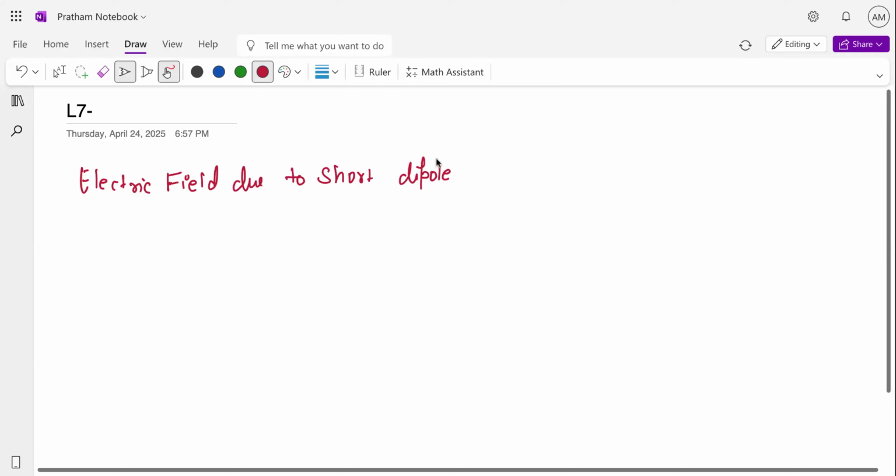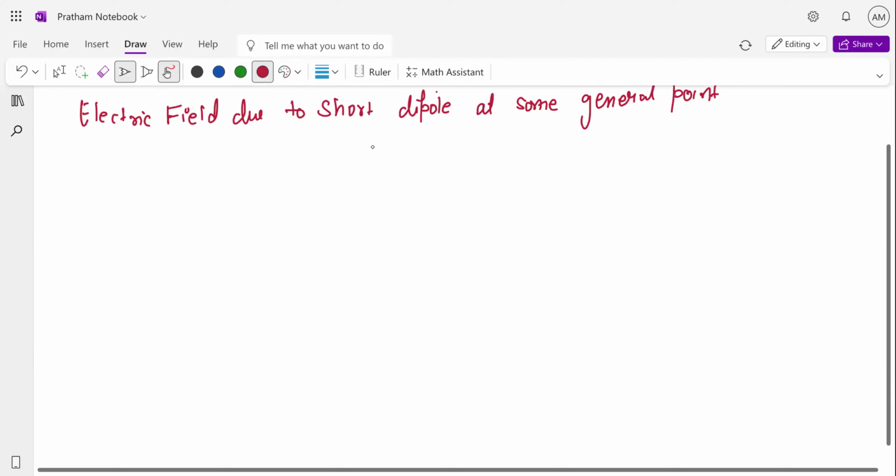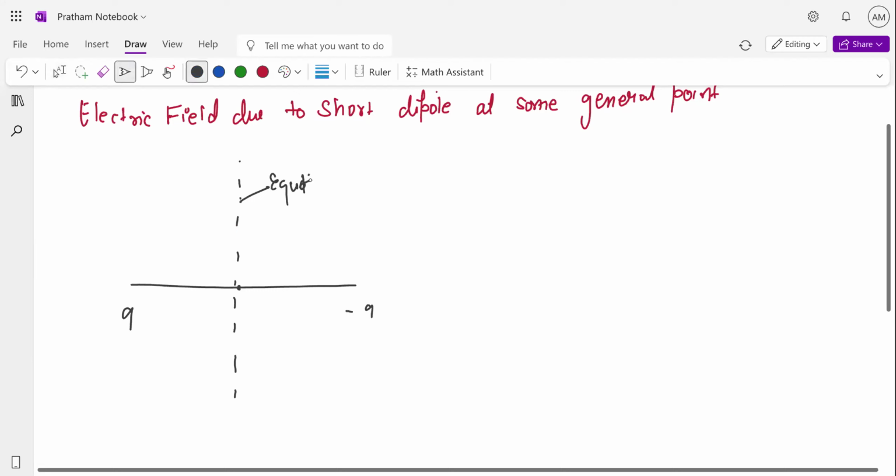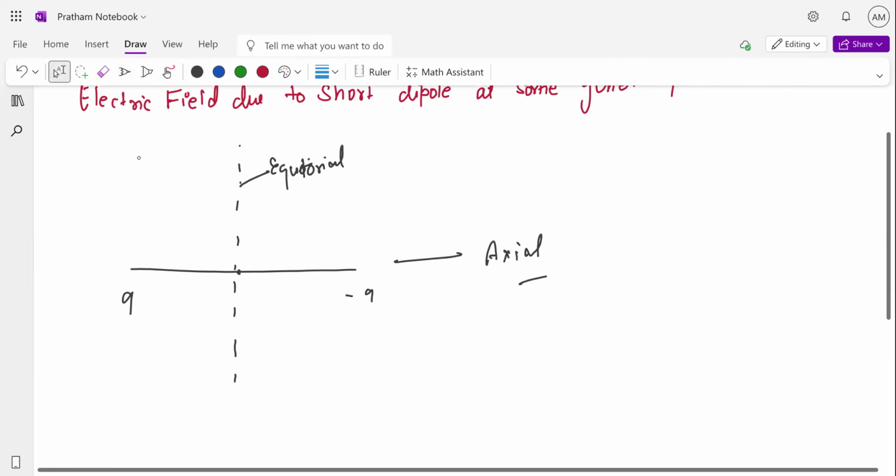Short dipole at some general point. Earlier we discussed, if I have a dipole with charges q and minus q, two cases: how to calculate the electric field on the equatorial line and on the axial line.